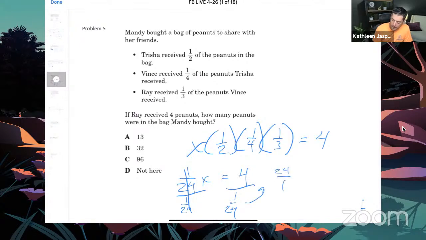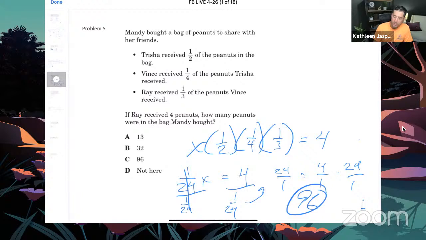So it's just like saying 4 over 1, because we put that in a fraction. 4 over 1 times 24. This is the same thing as keep, change, flip, if you're familiar with that. 24 over 1, and 4 times 24 is going to give us 96, right? 24 times 4.